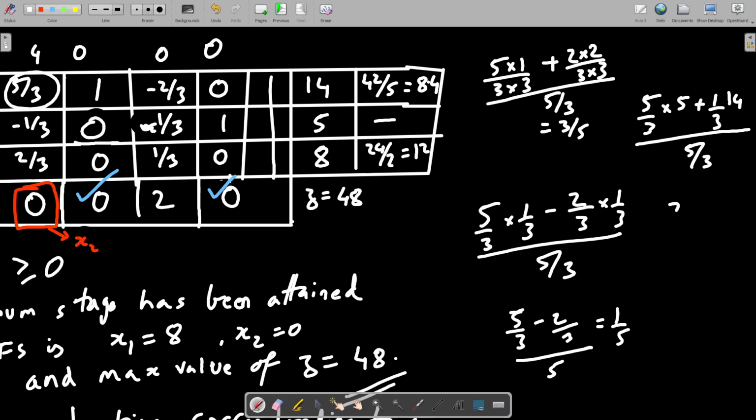So 3 cancels, you have 25 plus 14 upon 5. So this will become 39 by 5, and the last one I'll calculate and go.